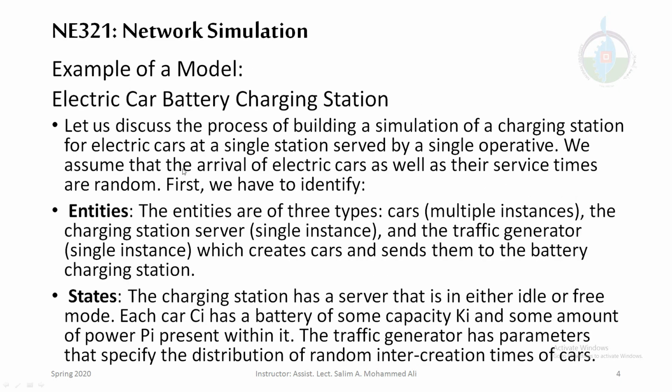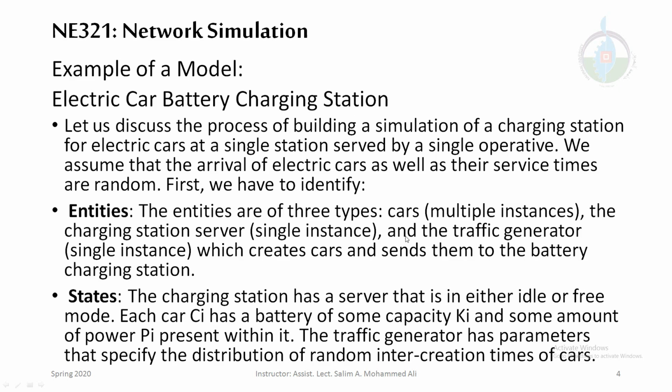Okay, we'll start with entities. What are the entities of such a system? The entities are of 3 types: cars, multiple instances. The charging stations are entities as well. Like we say that there are 5 charging rows, so it means that there are 5 entities of charging stations, charging servers, sorry.